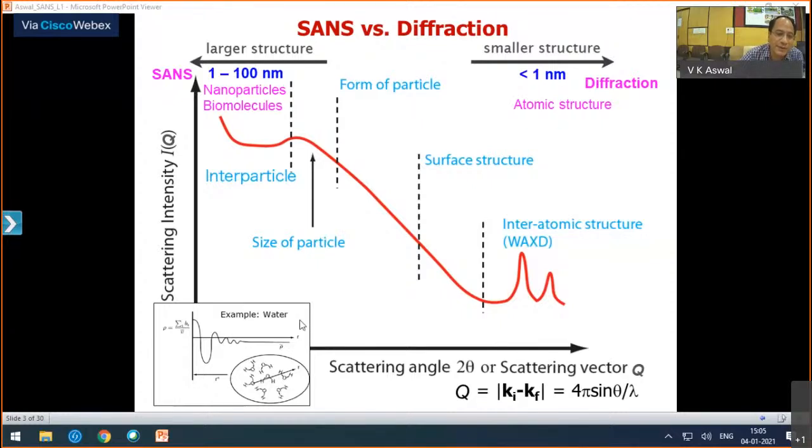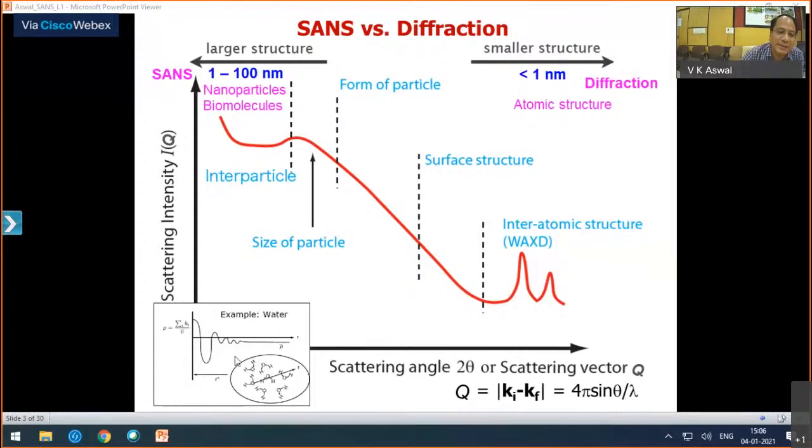And what is different in the case of small angle neutron scattering, in the Q range of interest or your length scale of interest, is that you are not looking at atomic structure. So if you have H2O in the case of small angle neutron scattering, it will not be seen as 2 hydrogen and 1 oxygen, but as one molecule.